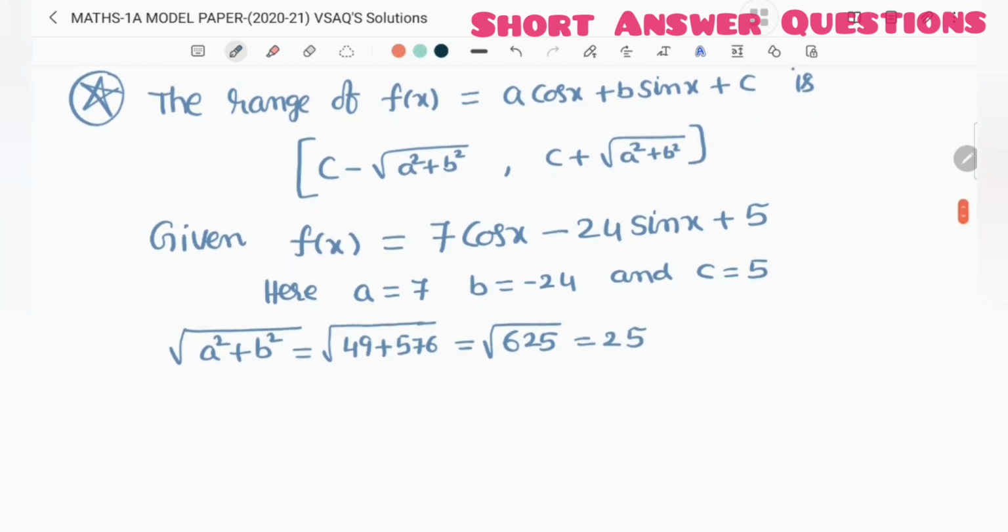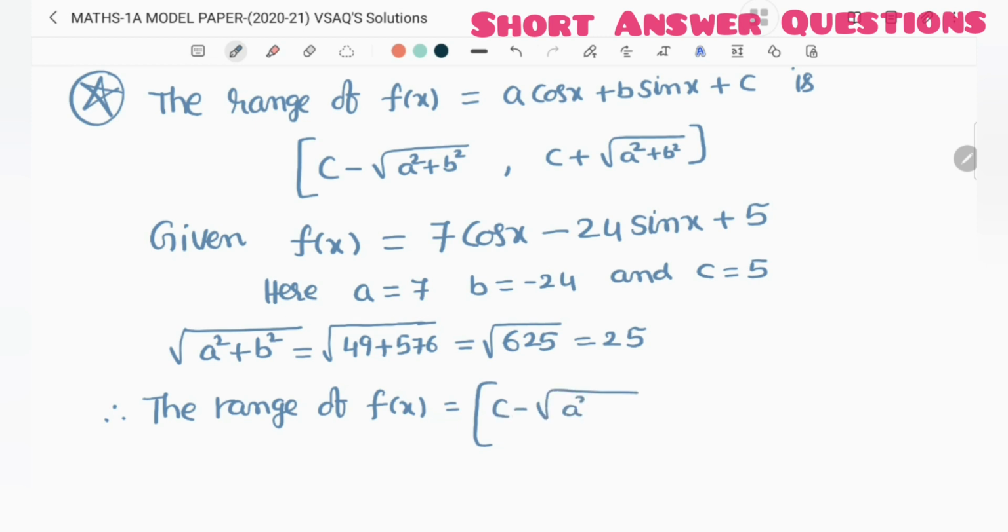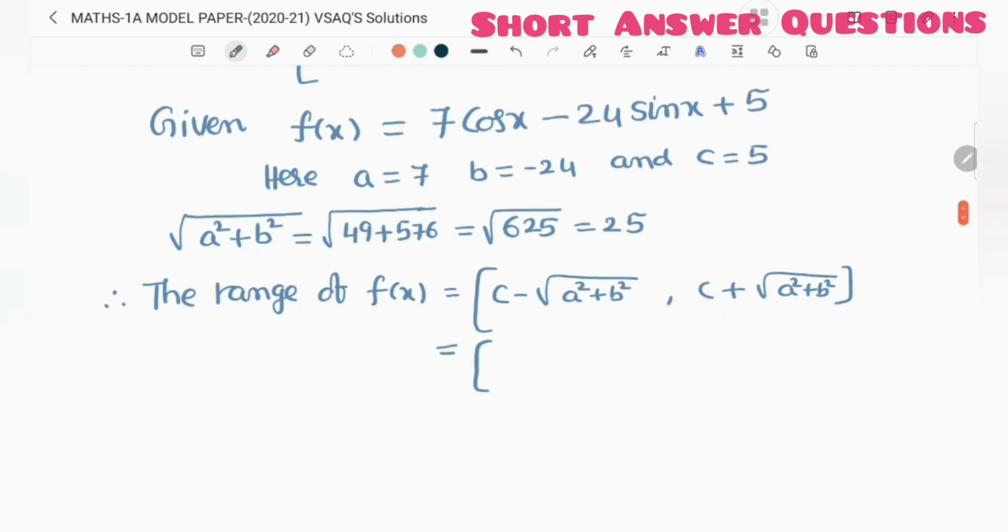So now the range of f of x is equal to c minus root of a square plus b square, c plus root of a square plus b square. c value 5 minus 25, 5 plus 25, which is equal to minus 20 comma 30.